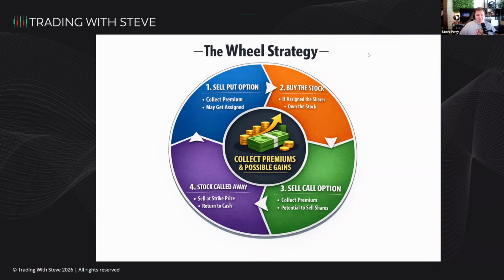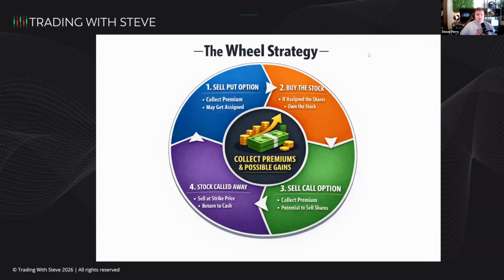Once you are assigned shares in step two, you then immediately turn around, and I usually like to go a week or two out to sell calls to other people. So I'll go ahead and sell calls now that I own the shares of SoFi. Let's say SoFi is at $22 a share and I got assigned at $22. Now I sell the $23 call option that's a week out, and I'm going to collect that premium.